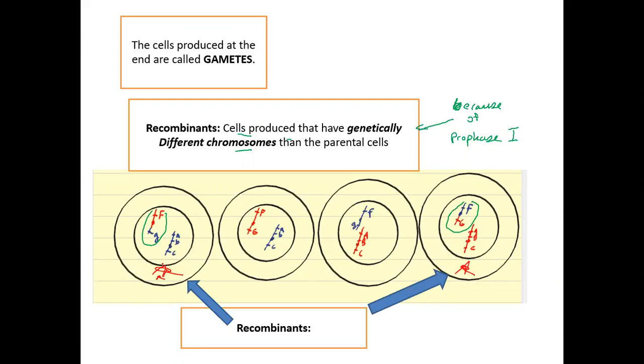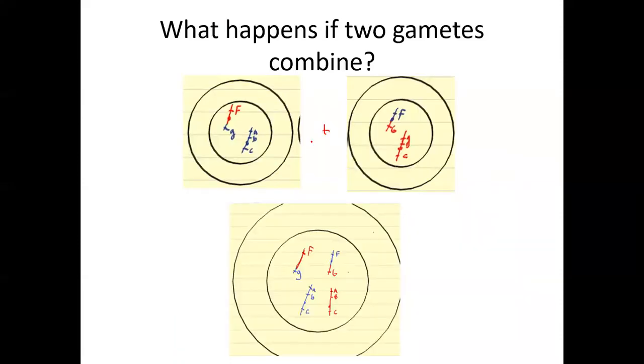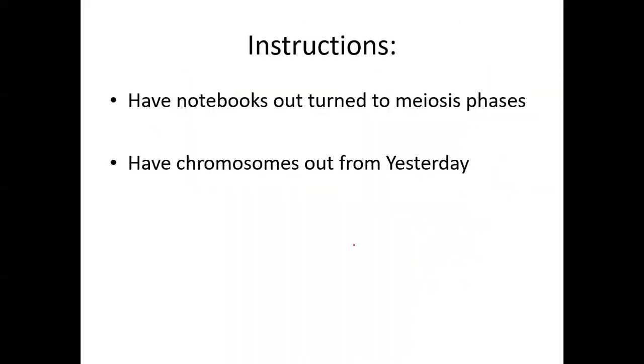If this gamete fused with this one, this is now my new cell that would be 2n equals 4, and this would essentially be the new offspring. That's the key thing here. This was 1n equals 2. This cell was also 1n equals 2. When these 2 combined, it became 2n equals 4. And that's the whole point, getting those gametes fusing together.